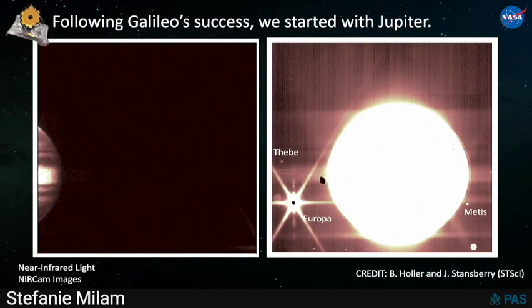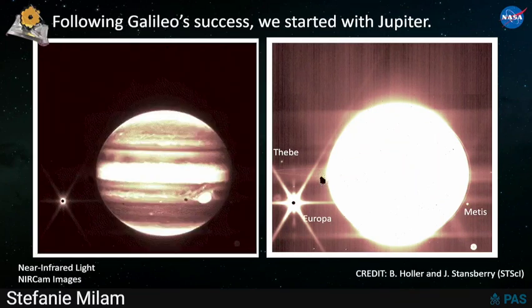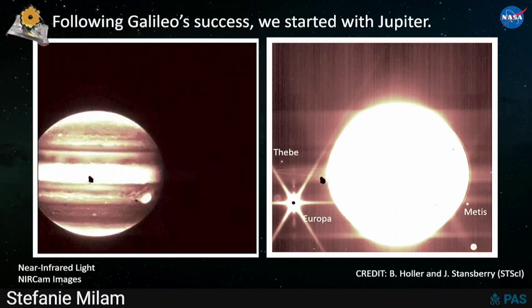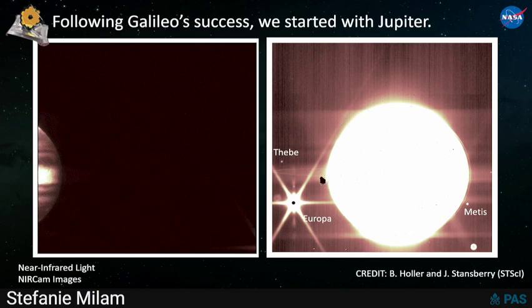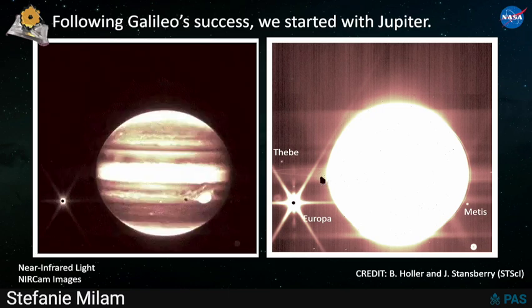Following in that success, JWST, of course, started with Jupiter. During commissioning, one of my jobs was to make sure we could actually observe objects in the solar system, and that meant tracking targets that move with respect to the background stars, but also studying things that are extremely bright, such as Jupiter.